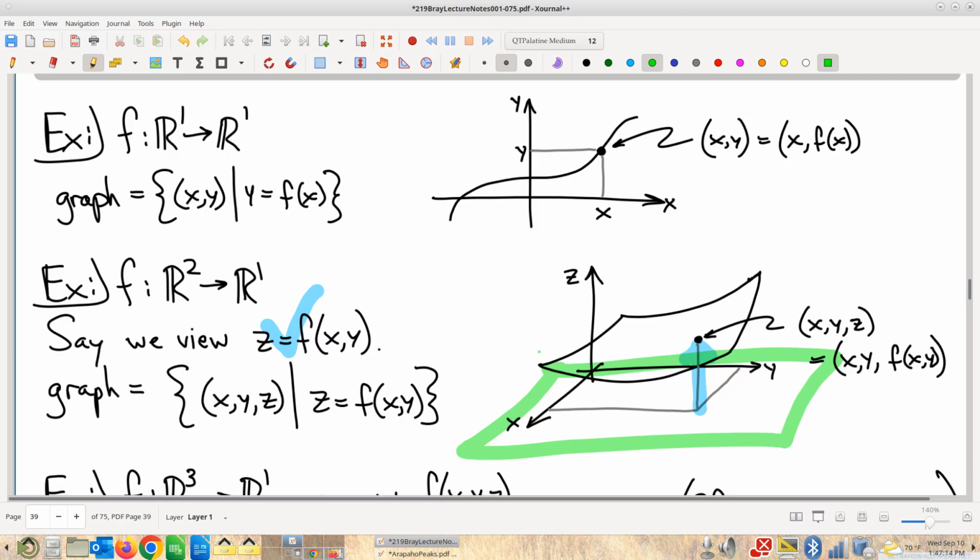Right? So we get a surface. We get a two-dimensional surface because we're taking the domain, which is literally a two-dimensional plane, right? The definition of two-dimensional, right? And all the points in that two-dimensional thing, we're just kind of shoving them upward by different amounts. No surprise, we would generically expect to get a two-dimensional surface.